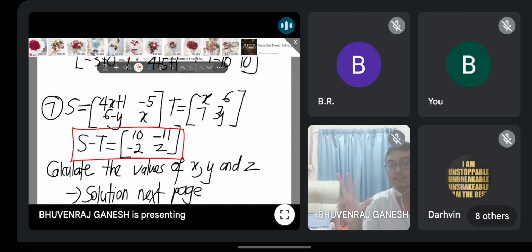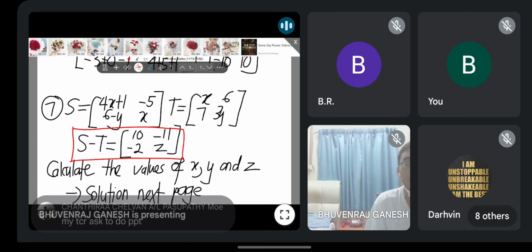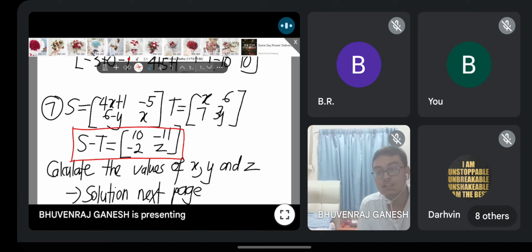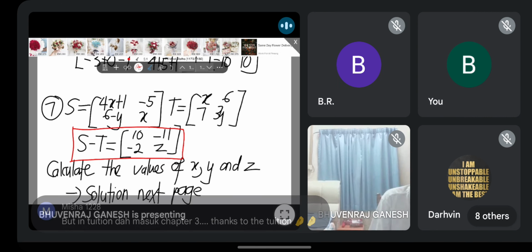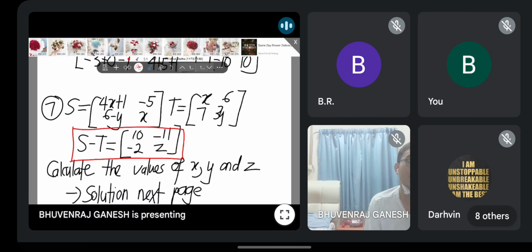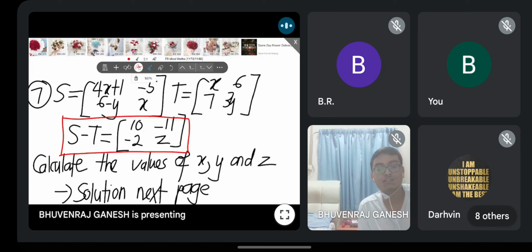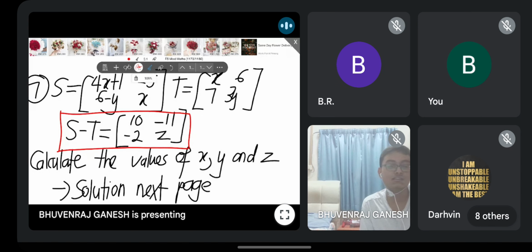That is what they will do for chapter 3 and chapter 4 of modern maths. They're not going to teach. From chapter 5 onwards, they will teach again, because chapter 3 and chapter 4 are mostly theory. Or they ask you to do PowerPoint. But in tuition, you have entered chapter 3. Not bad. Usually tuition will be faster.